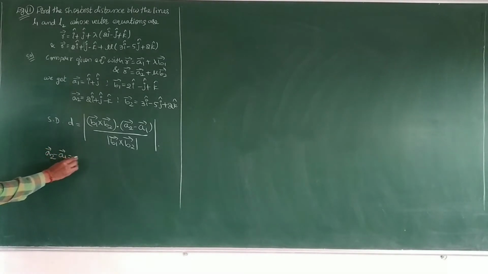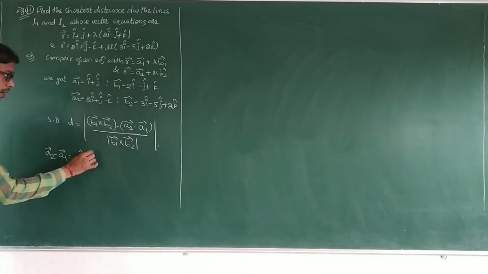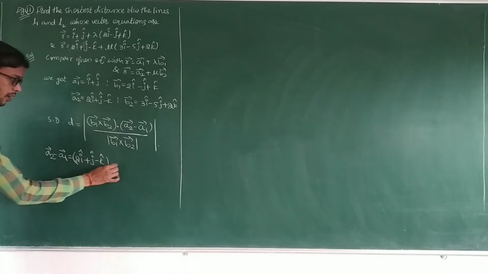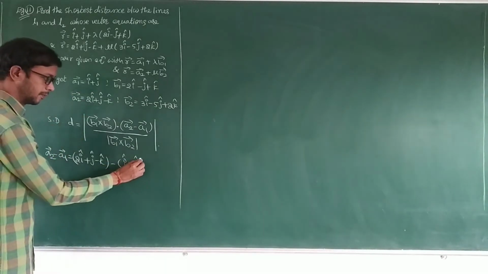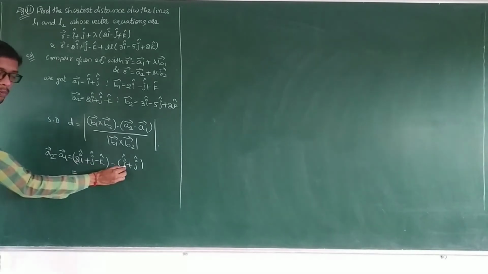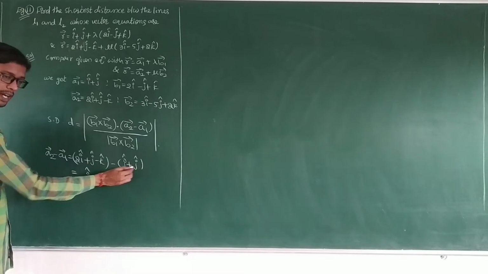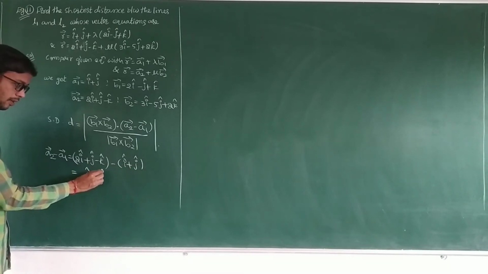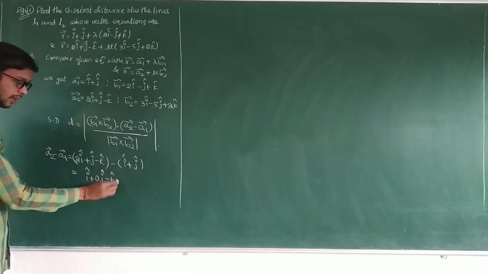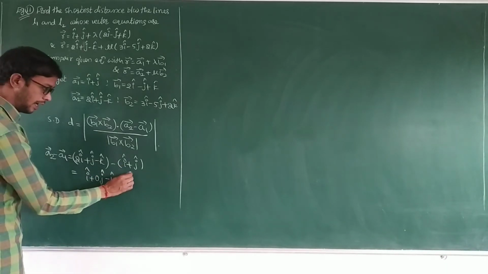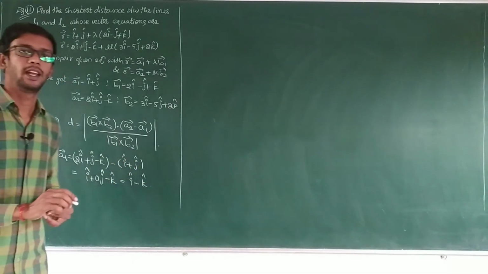What is A2 bar? 2I cap plus J cap minus K cap minus (I cap plus J cap). 2I minus I is I cap, J minus J is 0, and minus K minus 0, so minus K cap. This is nothing but I cap minus K cap, which is A2 bar minus A1 bar.